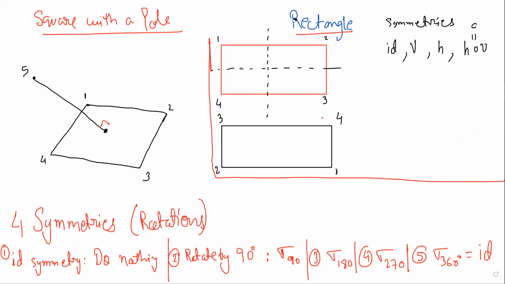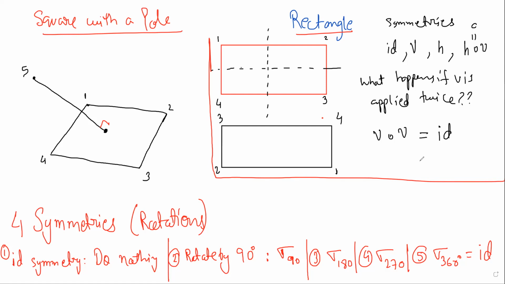Now, my question is, what happens if you apply V twice? Anyone? It will return to the same position, right? So V applied twice returns to the same position, which means you do nothing.